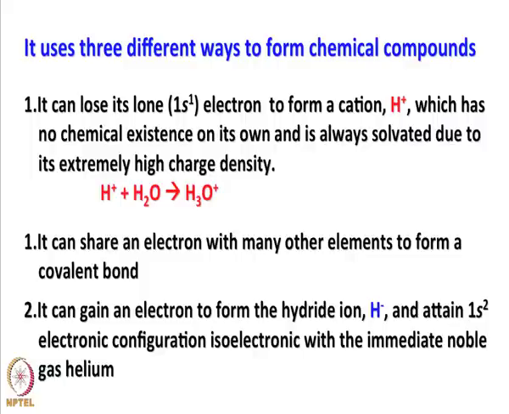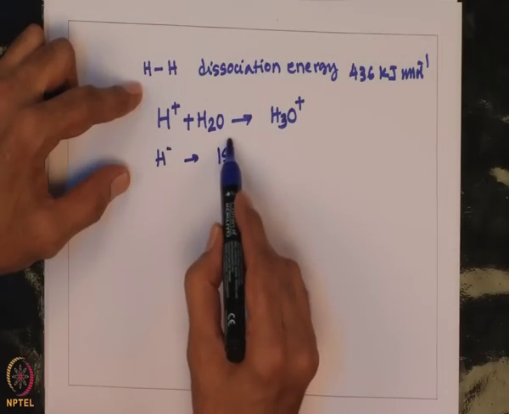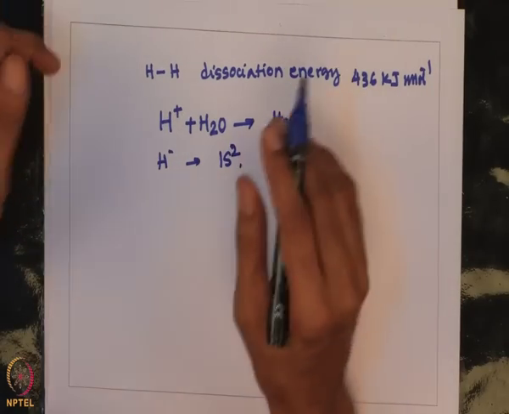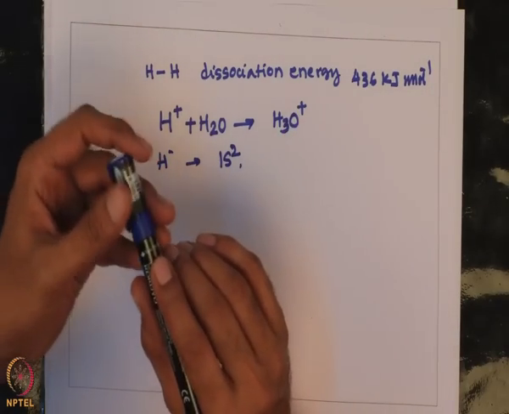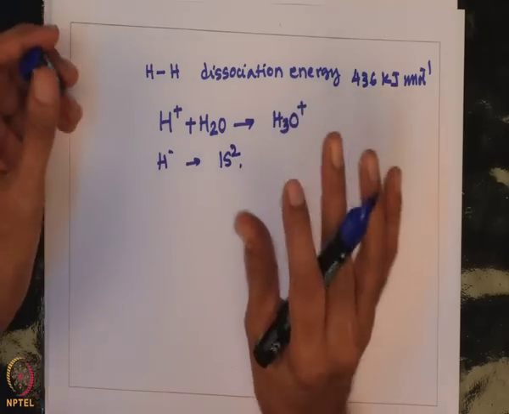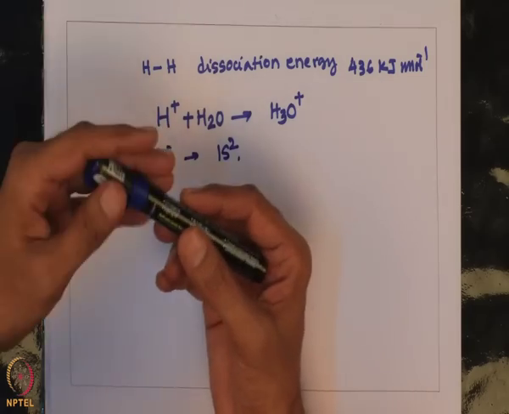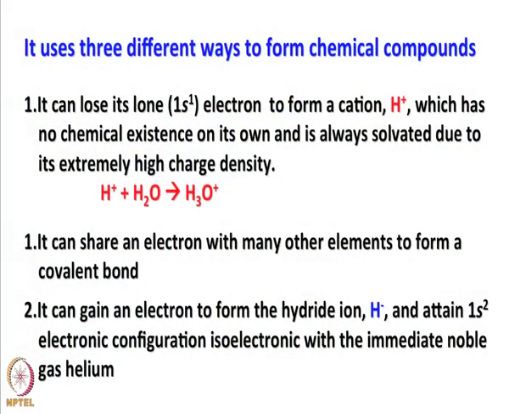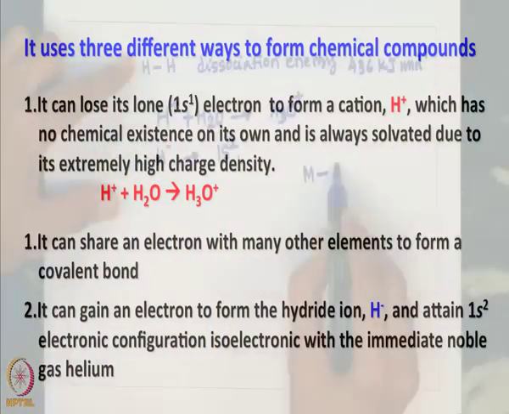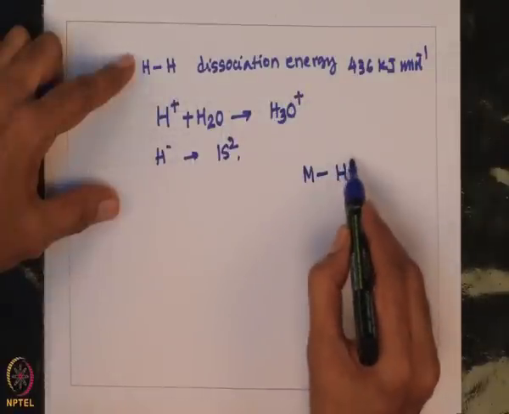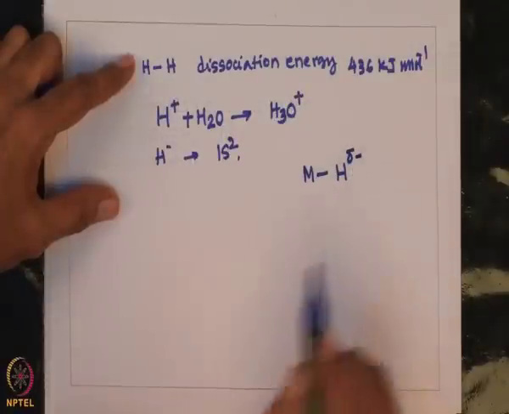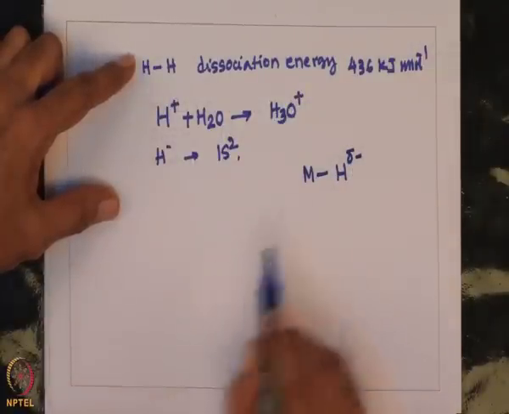So once it forms H minus, it attains a 1s2 electronic configuration. That means you can anticipate three different types of hydrogen compounds when it combines with elements, especially those of alkali metals or alkaline earth metals. It forms hydrides in which H carries negative charge.